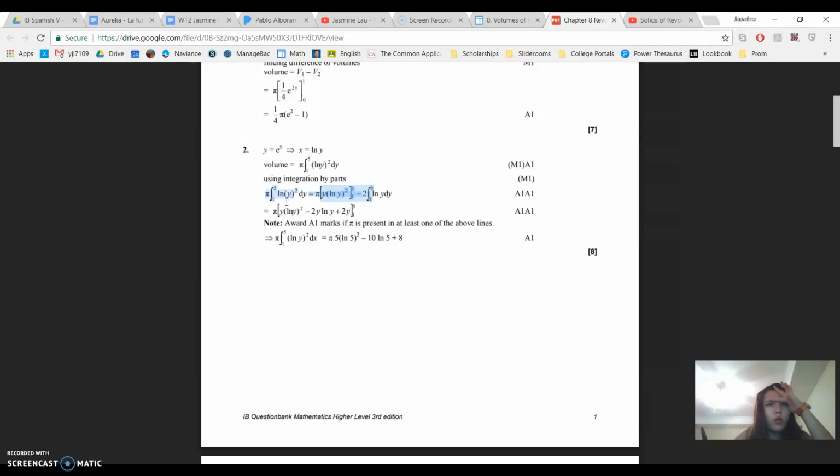So somehow ln y squared can be integrated into... Oh, we need to integrate by parts. Well, I don't know how to integrate by parts. That's the thing.